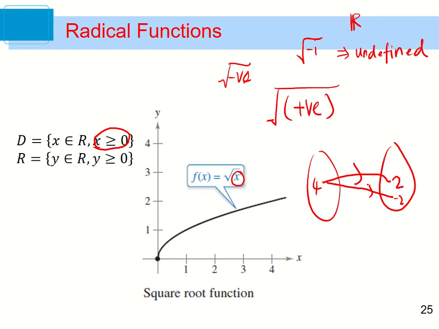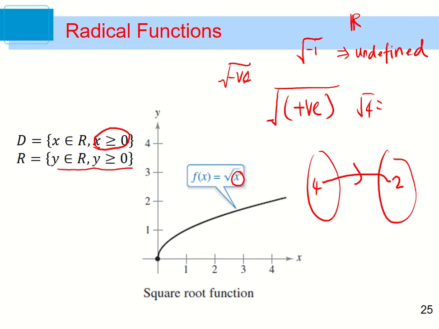The function must assign one value of x to one value of y. Therefore, we take the positive value only. So in this case, the range is always greater than 0. The y must be positive.